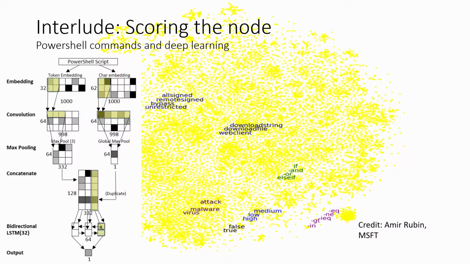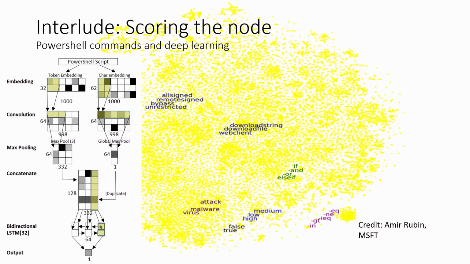Man, that's cool. What is that? I'm just kidding. I know what it is. This is a representation of a PowerShell script that ran on a given endpoint. It doesn't really look like a PowerShell script. It's an embedding of the PowerShell script.